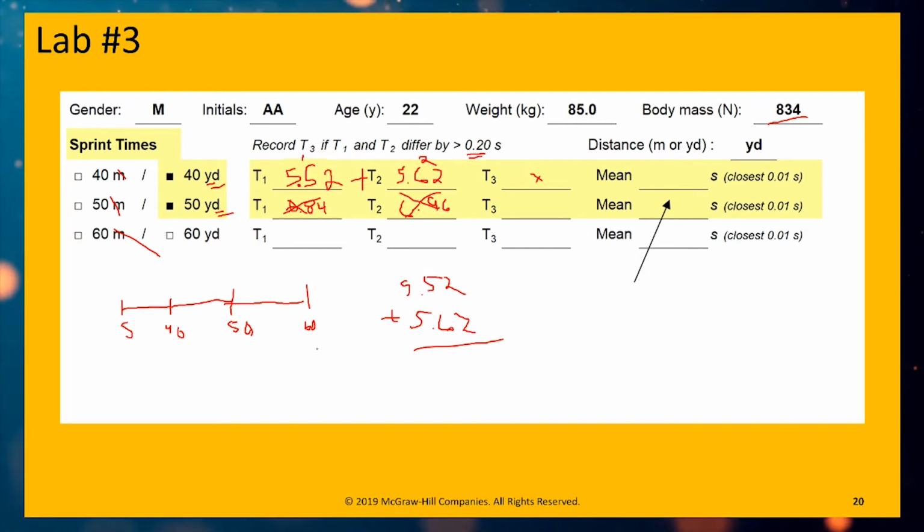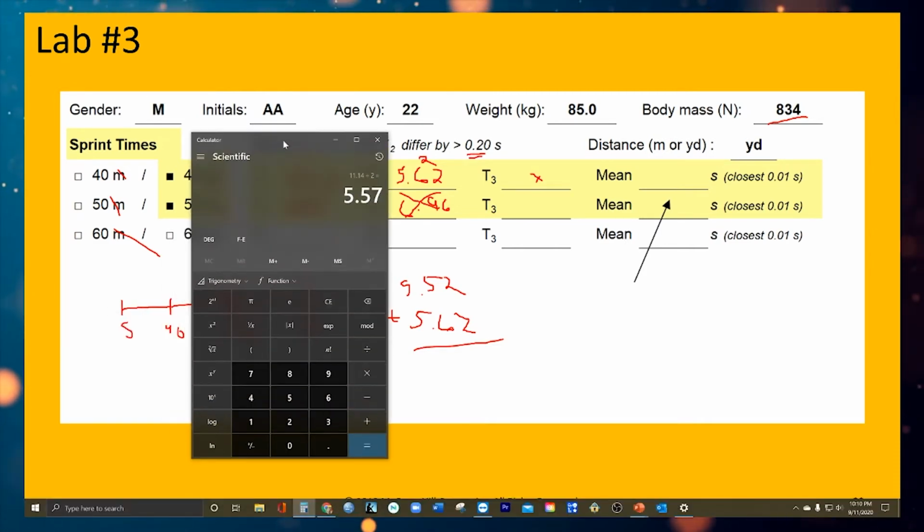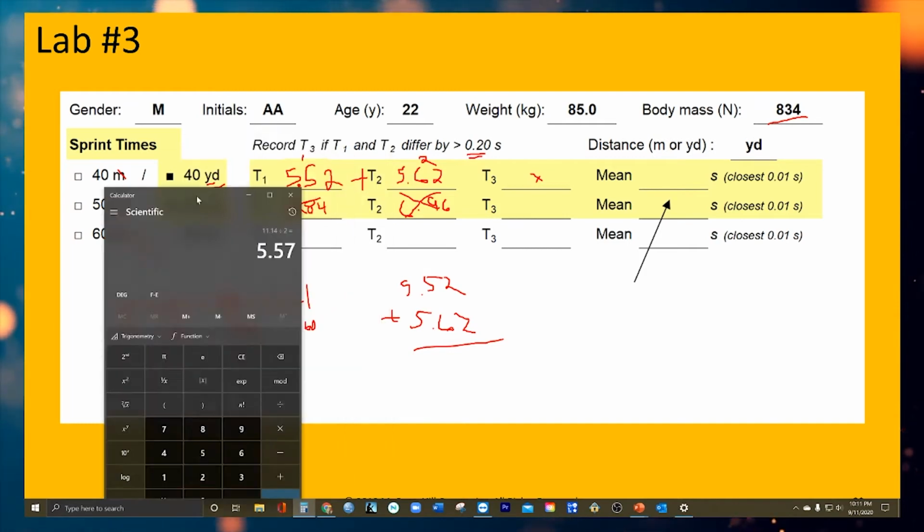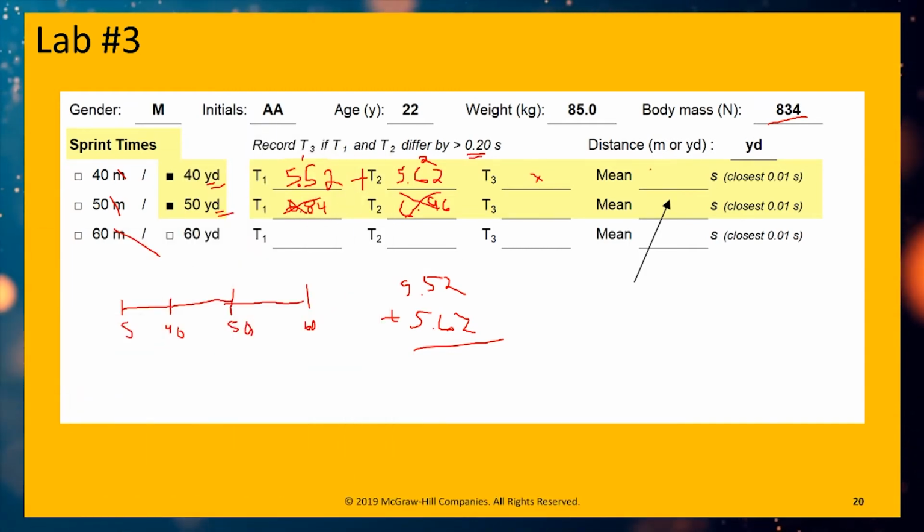So let's add it up with my handy dandy calculator. 5.52 plus 5.62, what do we get? 11.14 divided by 2, and there we go. Our mean average seconds is 5.57. So go ahead and write 5.57, and we're off to the races.